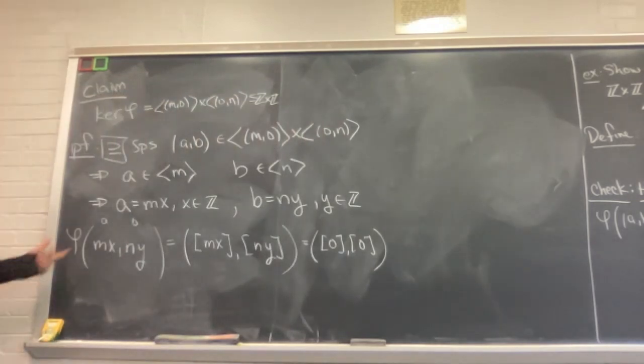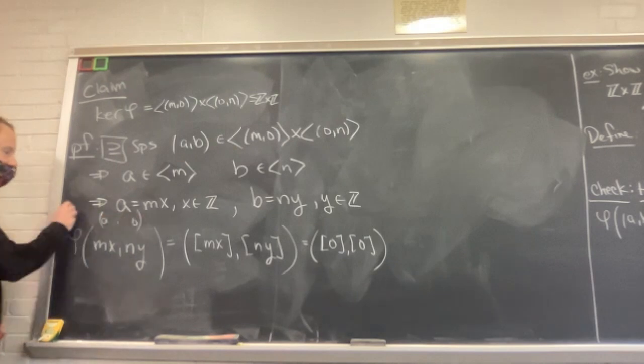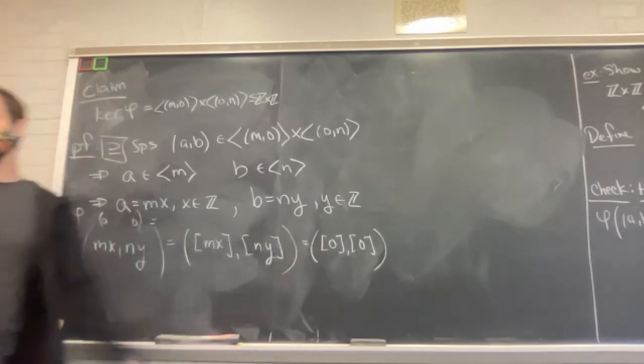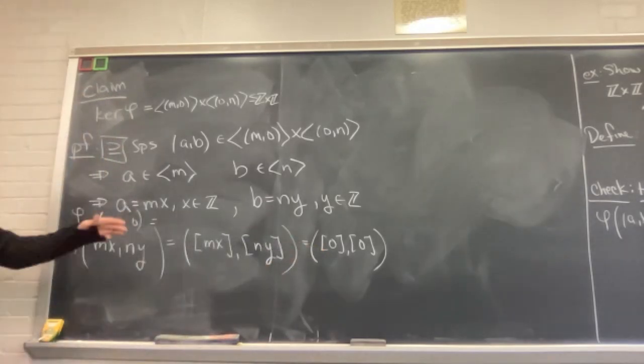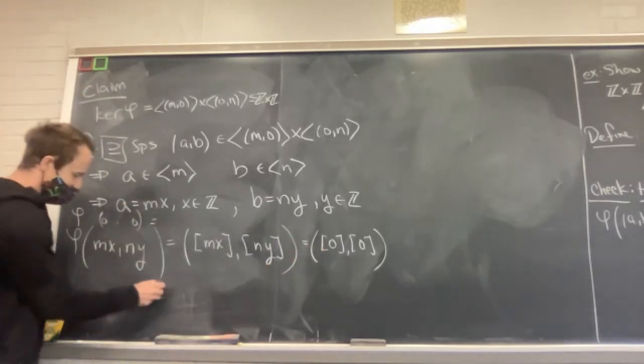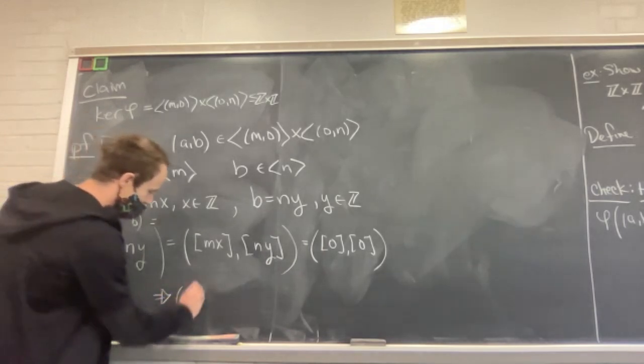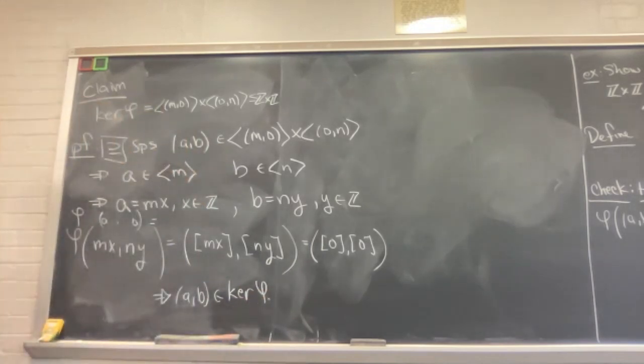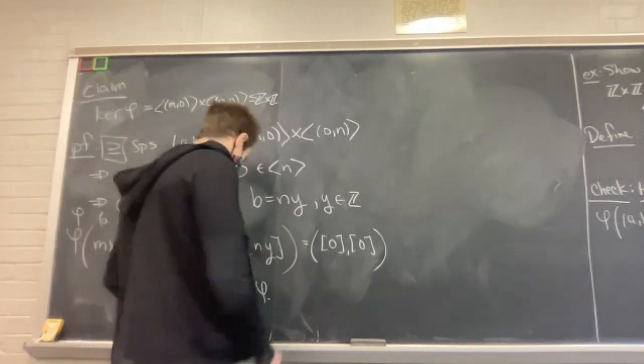But now the fact that (a,b) gets sent to the identity, that's the identity, right? The fact that (a,b) gets sent to the identity is exactly what it means for (a,b) to be in the kernel of phi. To be in the kernel of phi is that you get mapped to the identity. So let's see what we've got.